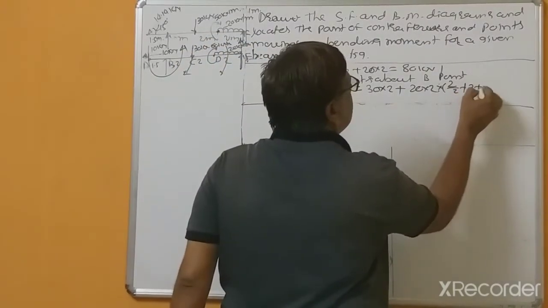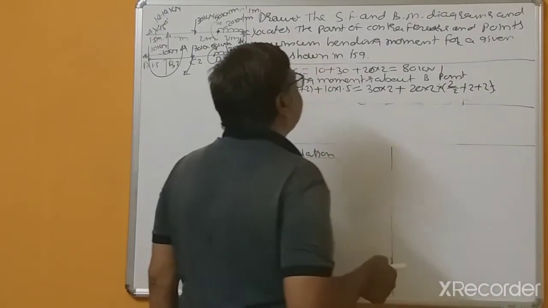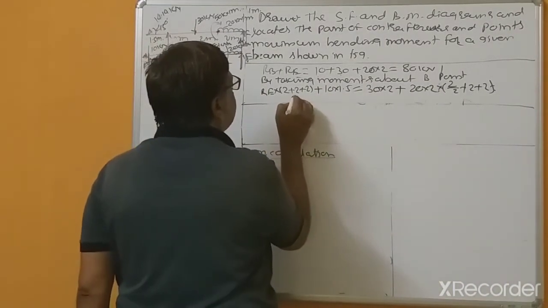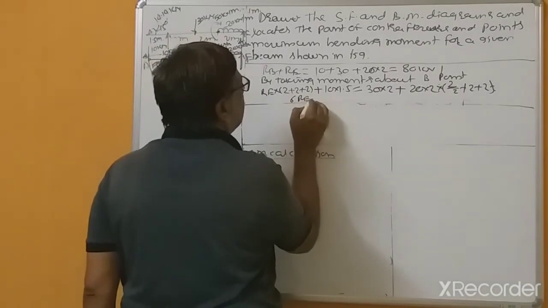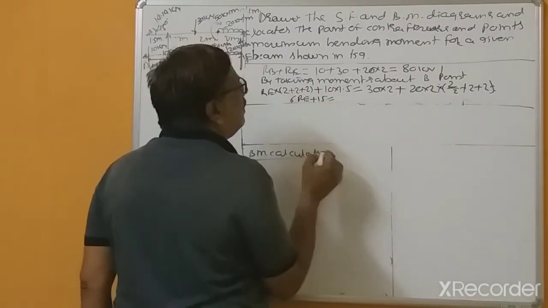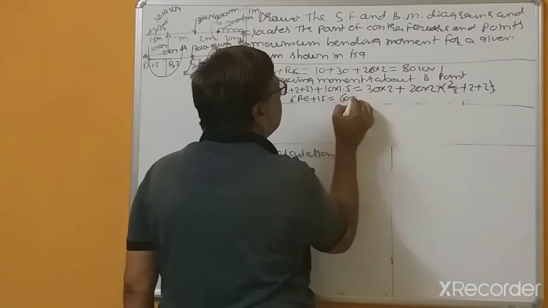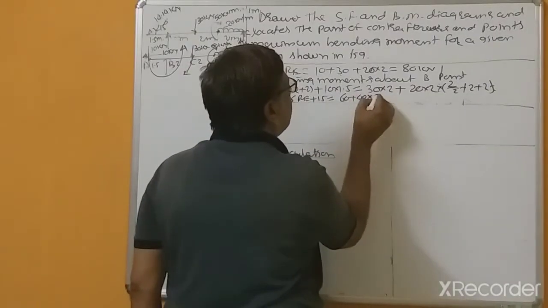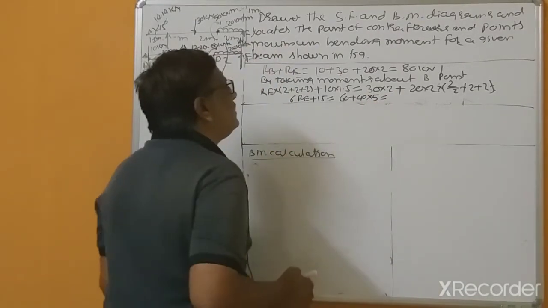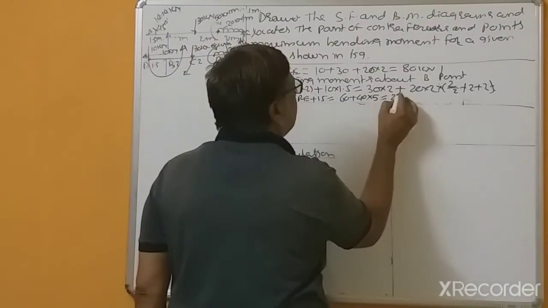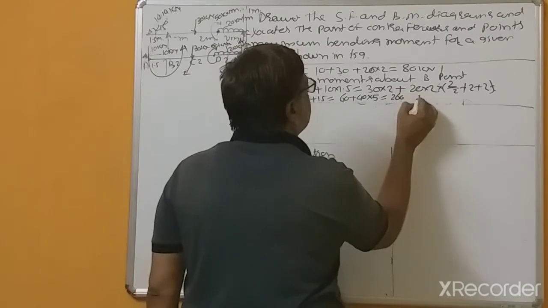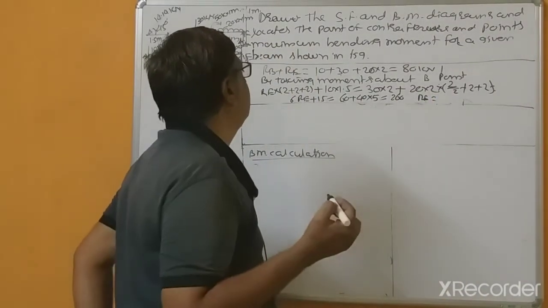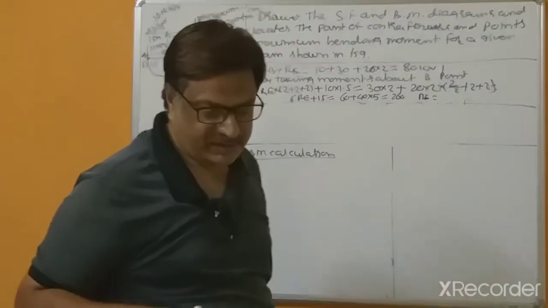So that's why plus 2 plus 2. 6 RE plus 15 equal to 60 plus 40 multiplied by 5. This is 260. So that's why RE equals 260 minus 15 divided by 6.